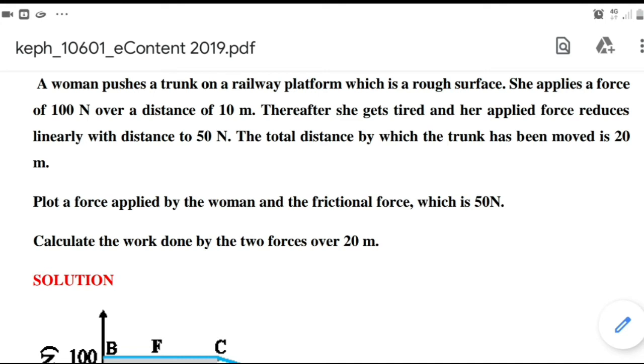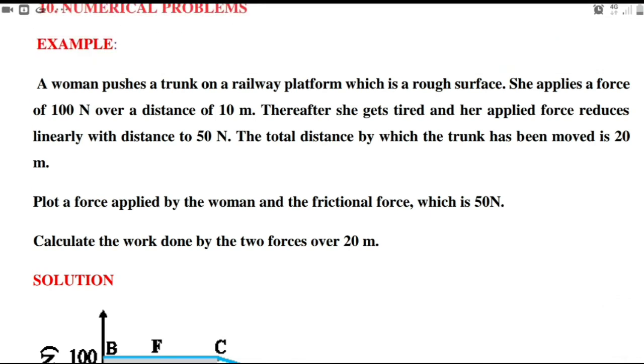Thereafter, from 10 meter to 20 meter, the force is a variable force and it reduces to 50 Newton linearly. That means from 10 meter to 20 meter, her force is decreasing from 100 Newton to 50 Newton linearly. In that way we have to plot the graph.